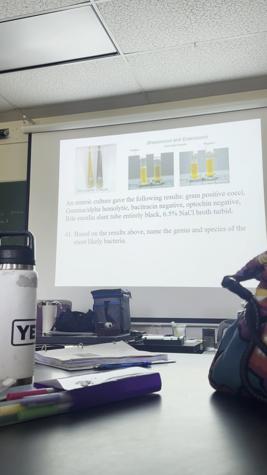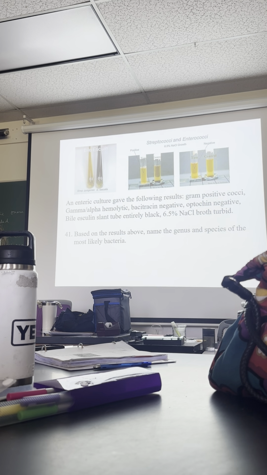So if you have a bile esculin positive, 6.5% sodium chloride tolerance positive, gram-positive coccus, catalase negative, and some people will say it's alpha or beta on blood agar, they can't make up their mind. But the two principal important things here are bile esculin positive and 6.5 positive. What's the genus?